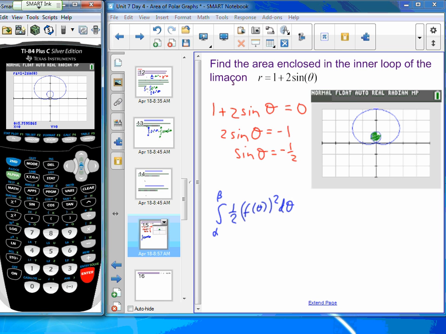For us, in particular, this will be the integral from 7 pi over 6 to 11 pi over 6 of 1/2 times f of theta, which is 1 plus 2 sine theta, quantity squared d theta.